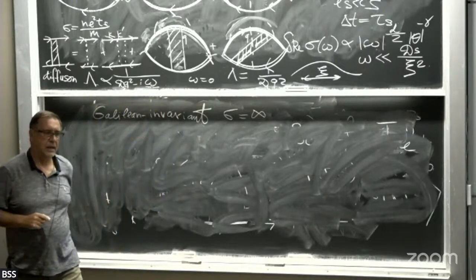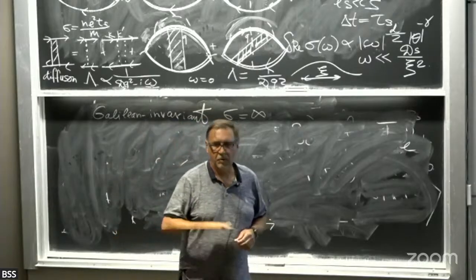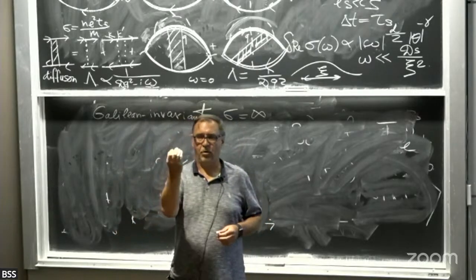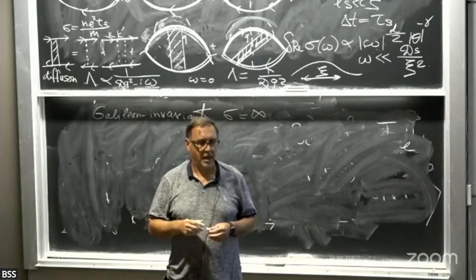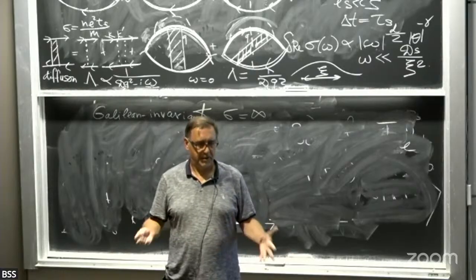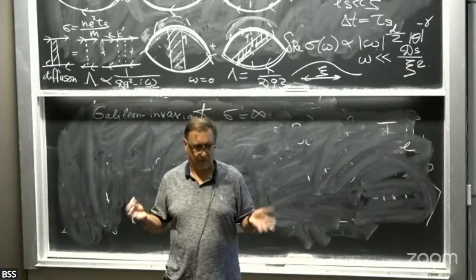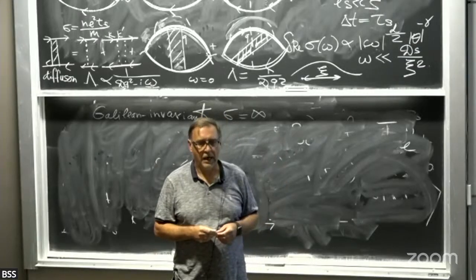More precisely, if you apply an electric field to such a system, it will behave as if it is being accelerated by the applied electric field, because as we know from Newton's second law, internal forces in a Galilean invariant system drop out. Okay. So why do we care about Galilean invariant systems?